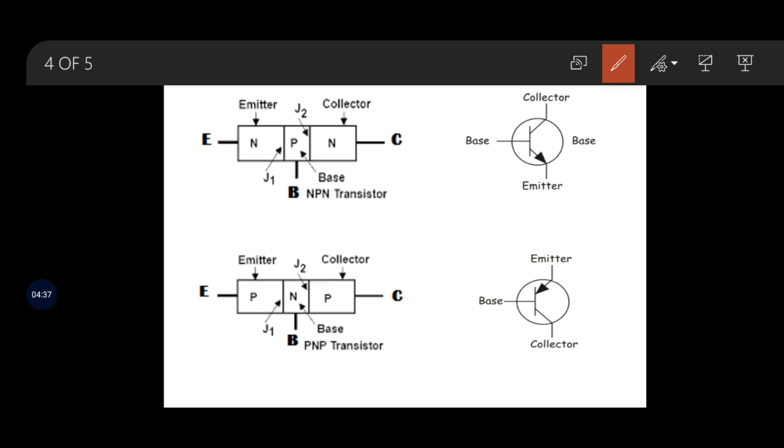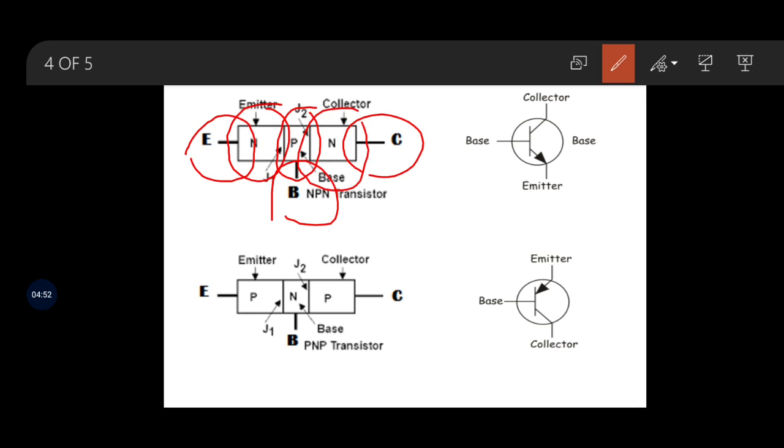In this figure, you also have to notice that there are three terminals. As I have already told you in the definition, BJT is a three-layer device. That is, there are three different layers of semiconductors, NPN or PNP, and three terminals, that is emitter, base and collector.